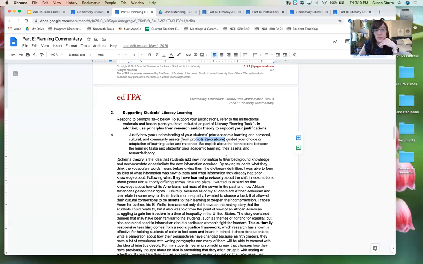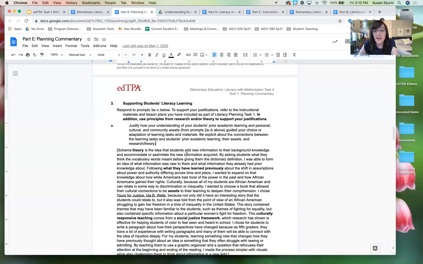You have to be explicit about the connections between the tasks and your students' prior academic learning, their assets, and research and theory. There's a lot packed into this.